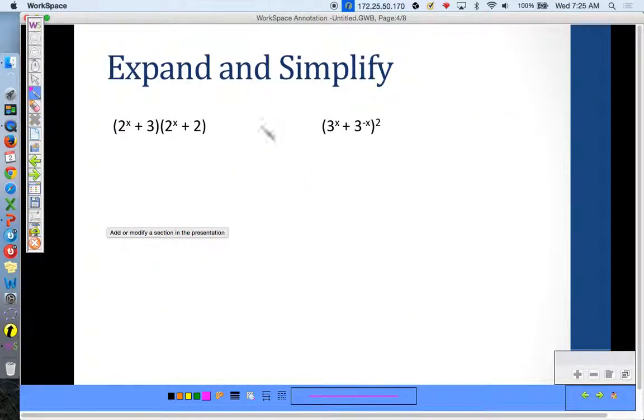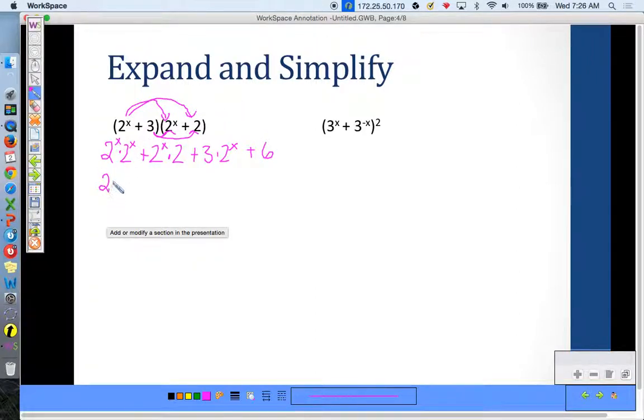So we're going to take a look at a couple of these, and we're going to do the same thing. First we distribute the 2 to the x, so 2 to the x times 2 to the x, plus 2 to the x times 2. Now we distribute the 3, plus 3 times 2 to the x, plus 6. So now let's simplify.